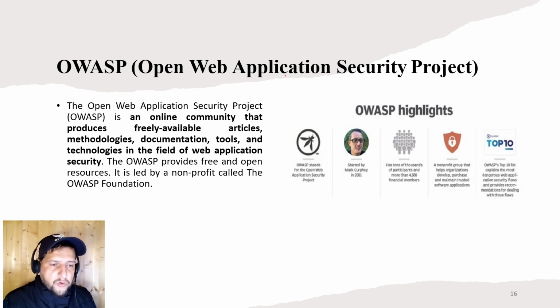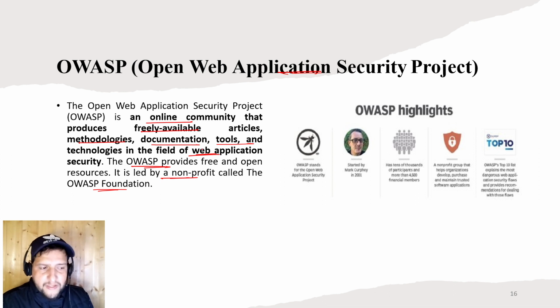OWASP is your Open Web Application Security Project. So this is an online community that produces freely available articles, methodologies, documentation, tools, and technologies in the field of web application security. So OWASP provides a free and open source. It is a non-profit. It is led by the non-profit OWASP Foundation. So it comes up with the top 10 vulnerabilities and the solutions.